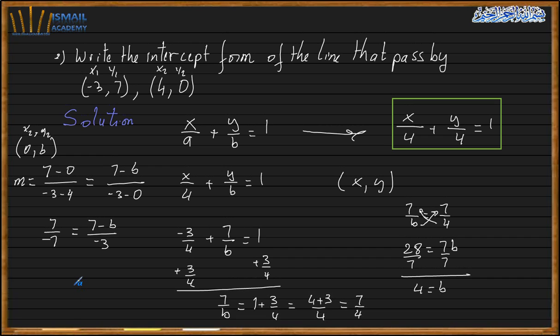Now I cross multiply, and I get equals 7 minus b both sides. This b is cancelled out. So I get my b will be 4, and this is exactly what we got here.